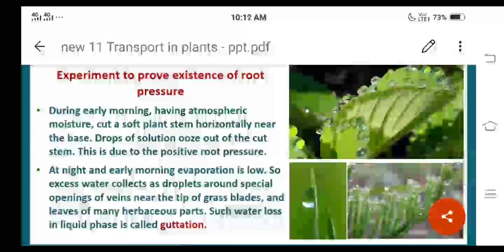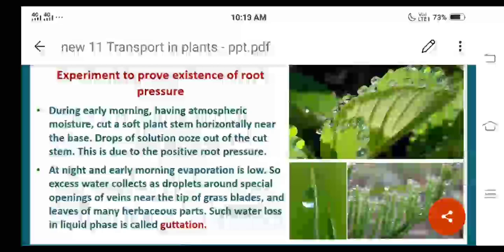Then one more concept we are going to understand, okay. If root pressure develops in the plant, then that is responsible for one more phenomenon called guttation. And remember, guttation means what here? The loss of water in the form of liquid droplets is called guttation.